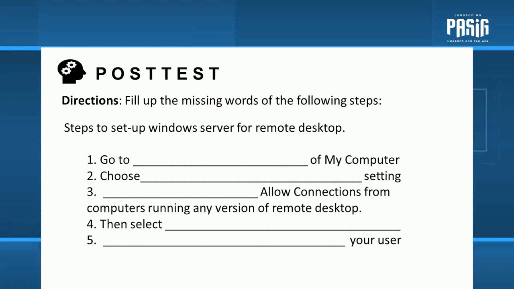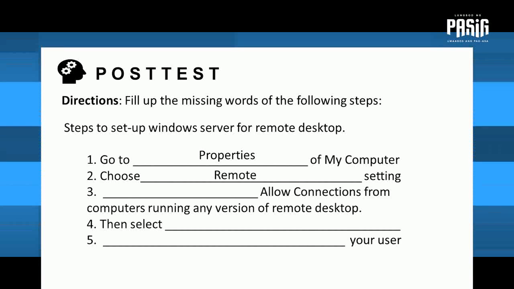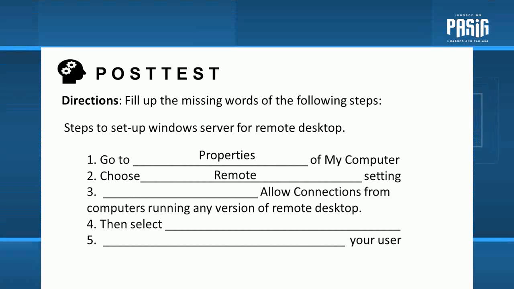Directions. Fill up the missing words of the following steps. Steps to set up Windows Server for remote desktop. Number 1. Go to, the answer is, Properties of My Computer. Number 2. Choose, the answer is, Remote Settings.